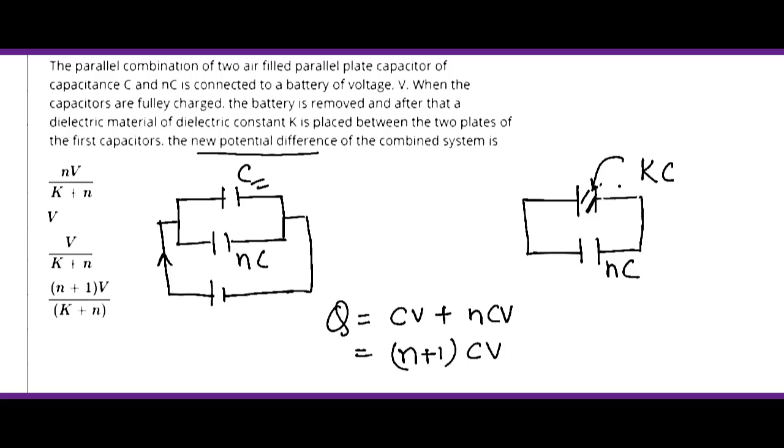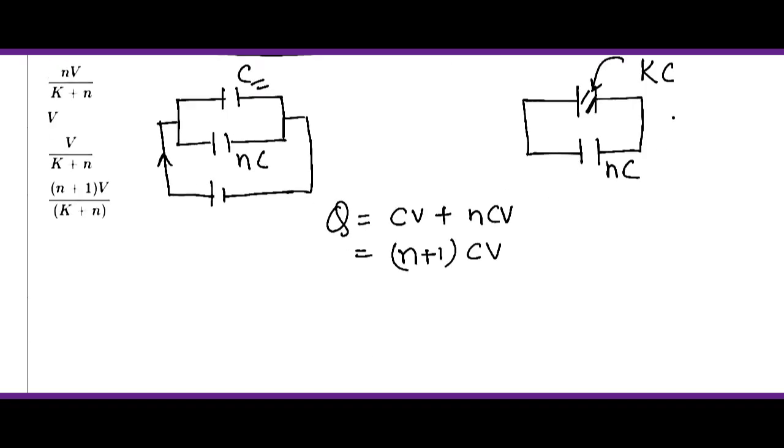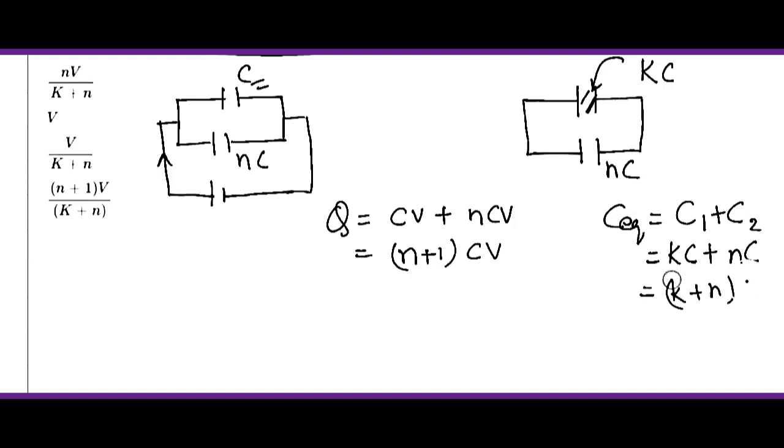Okay, so to find out the new potential difference, we have to first find out the equivalent capacitance, C equivalent. As these are connected in parallel, we can write C1 plus C2. So here C1 is KC plus C2 is NC. If we take C common here, we can write K plus N into C.